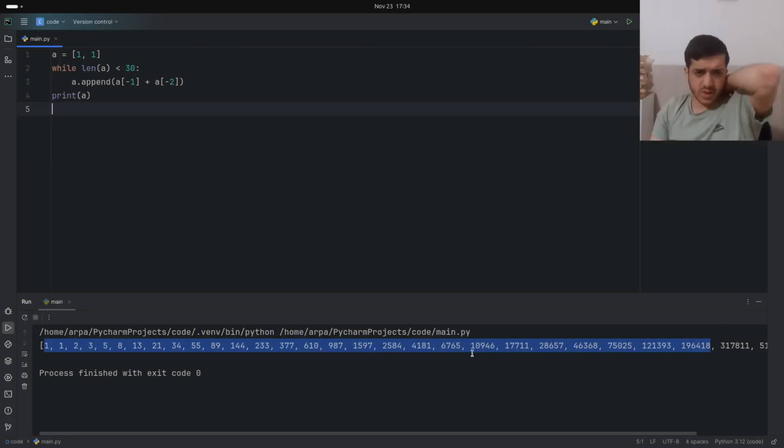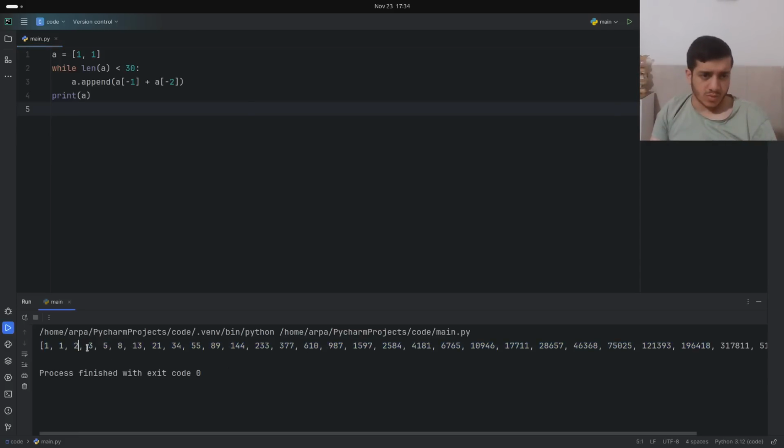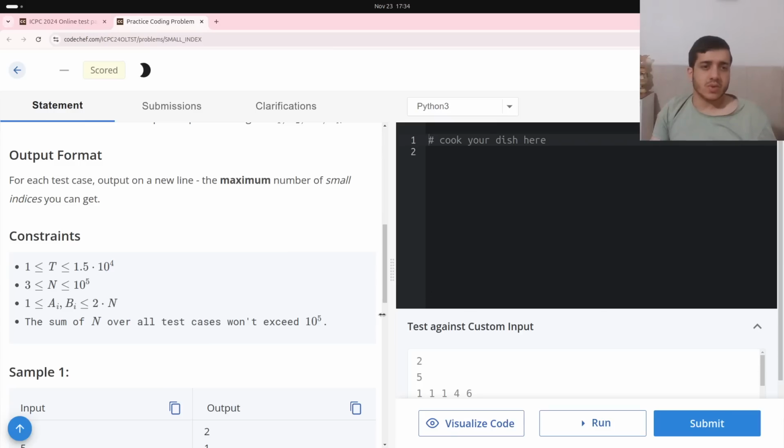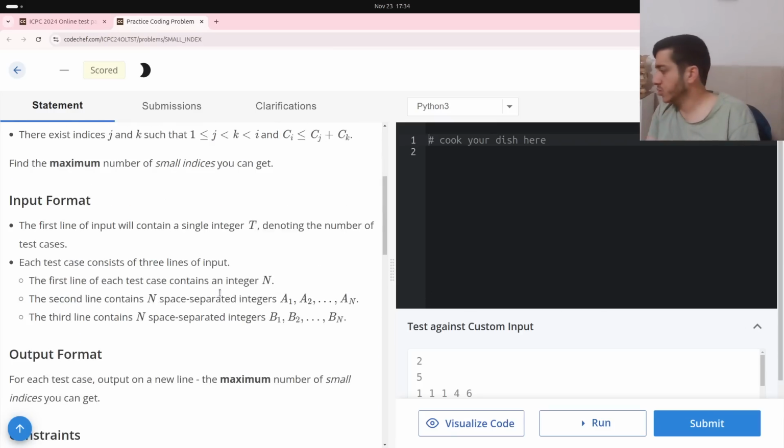So it's not that small as I expected. Twenty-seven is as big as if we do 2 to the power of 27, we will fail.